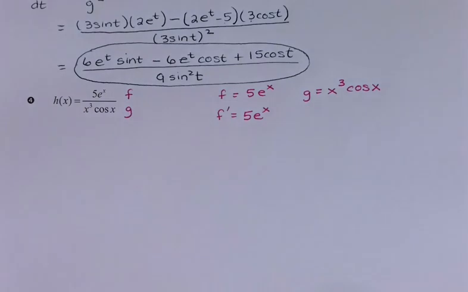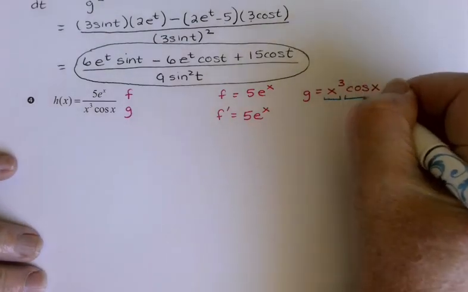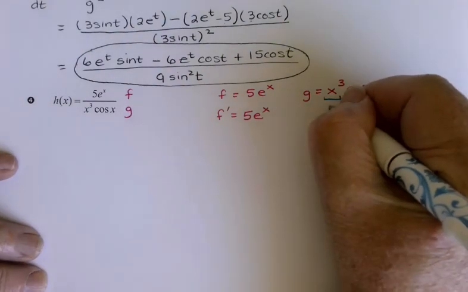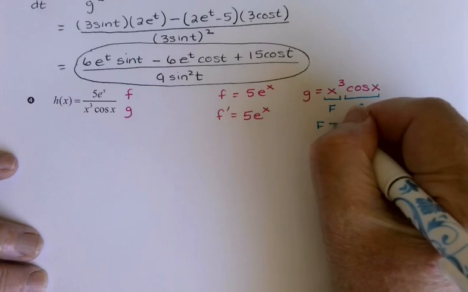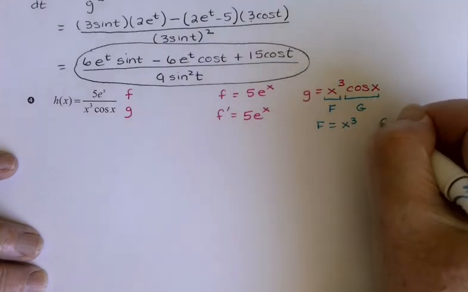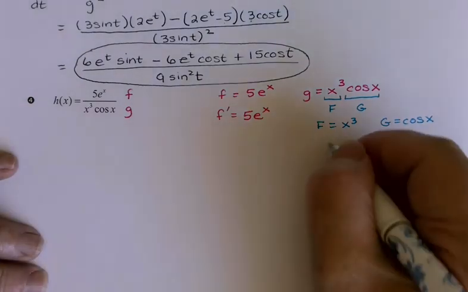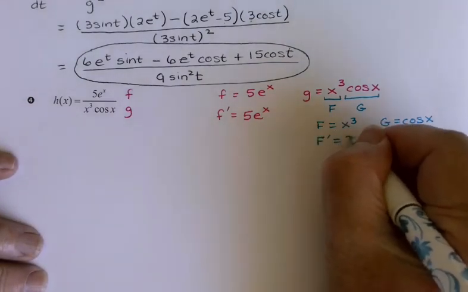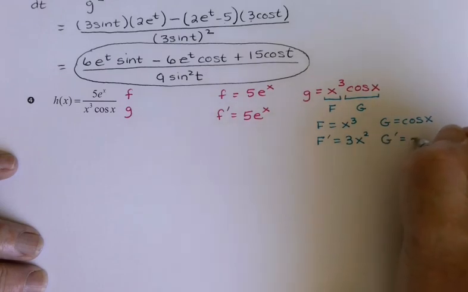G's a product, right? So in order to do g prime, I'm actually going to have to do a product rule. I'm going to call this capital F and that capital G. So capital F prime is 3x squared, and capital G prime is the opposite of sine x.